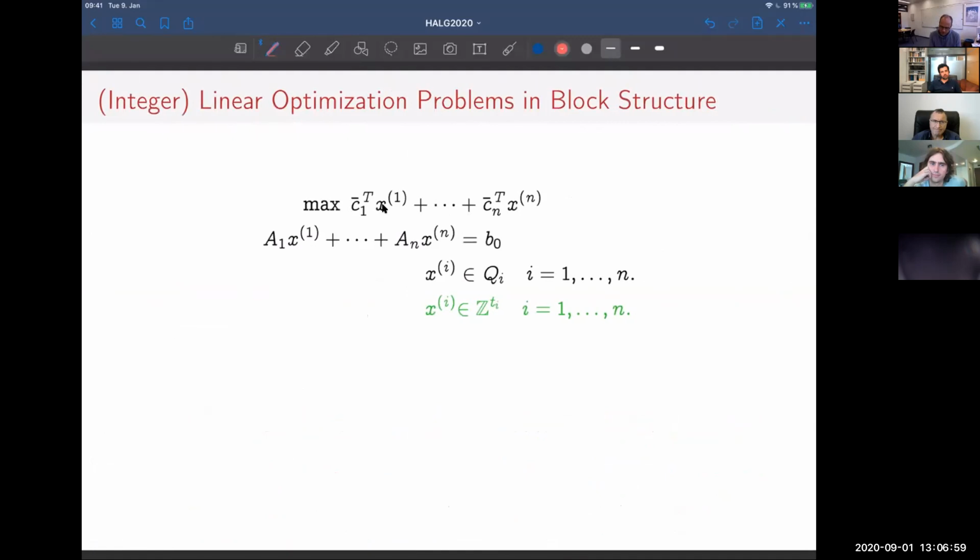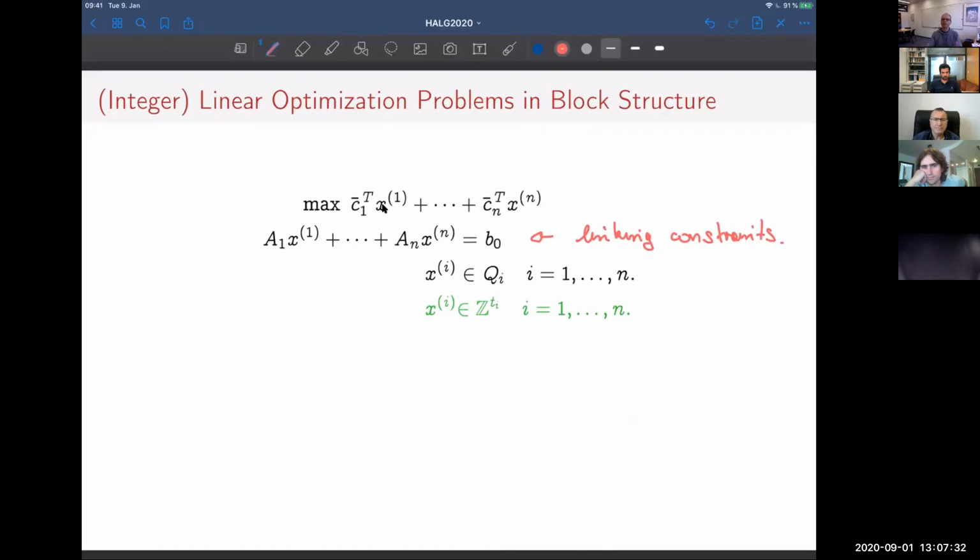Okay. So what am I talking about? What's an integer or linear optimization problem in block structure? Well, it is something like this. I have so-called linking constraints. So here, those are the linking constraints. And if I remove these linking constraints, then my integer or linear optimization problem decomposes into n individual optimization problems.